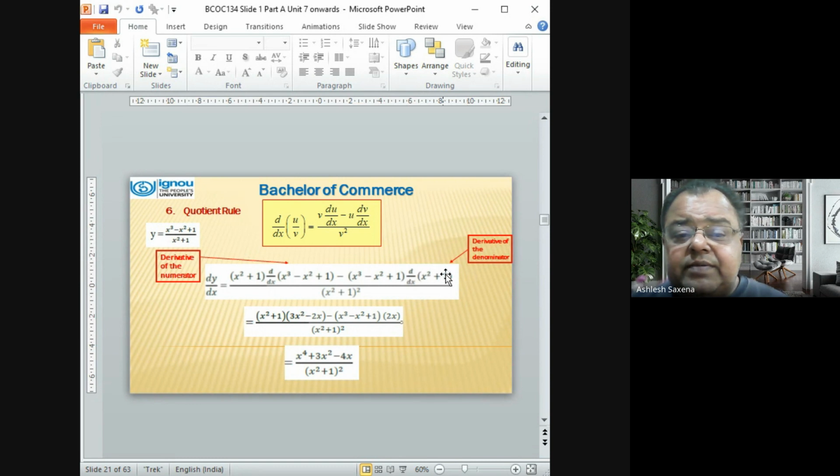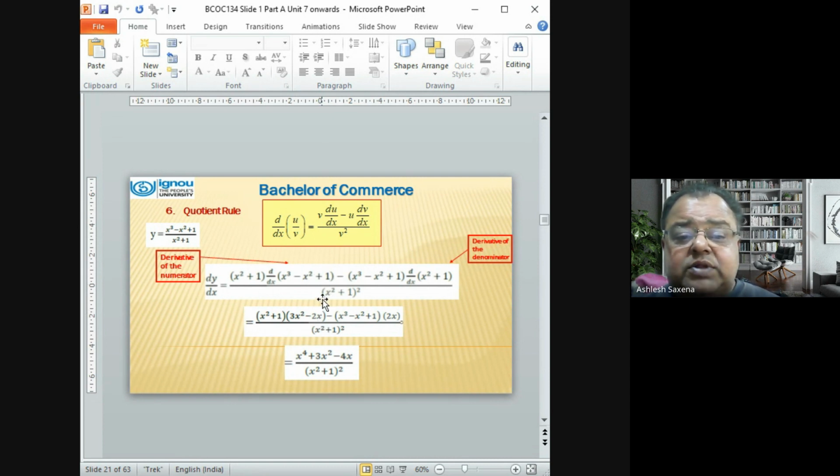Now, since these are all algebraic expressions, they can be differentiated in a single step. We will write the numerator, this part as it is. Differentiation of x cube will be 3x squared minus derivative of x square will be 2x and derivative of a constant term is 0. So there is no need of writing 0 over there.